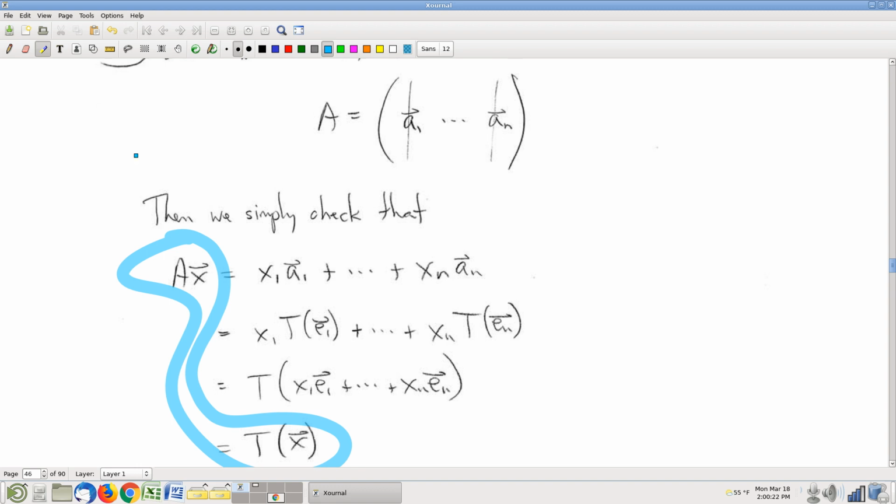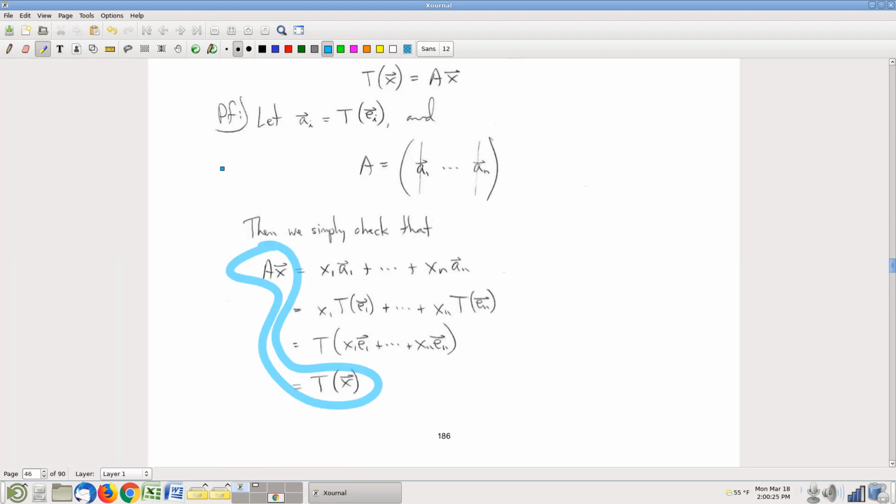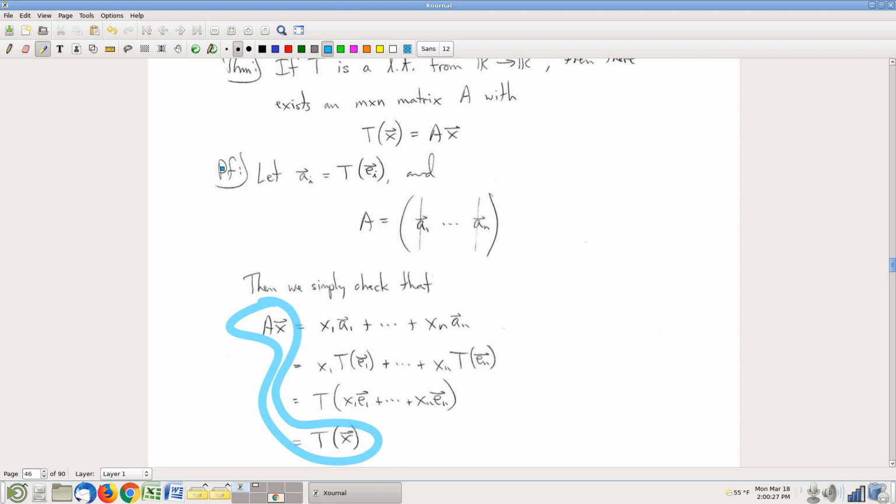So there's that proof. I think this is a really nice proof. It makes use of a lot of things that we've talked about: our new interpretation of matrix multiplication, and it makes use of linearity, but in a very streamlined and crisp kind of way. There's not a lot of excess fat on this. This is a very tight proof.